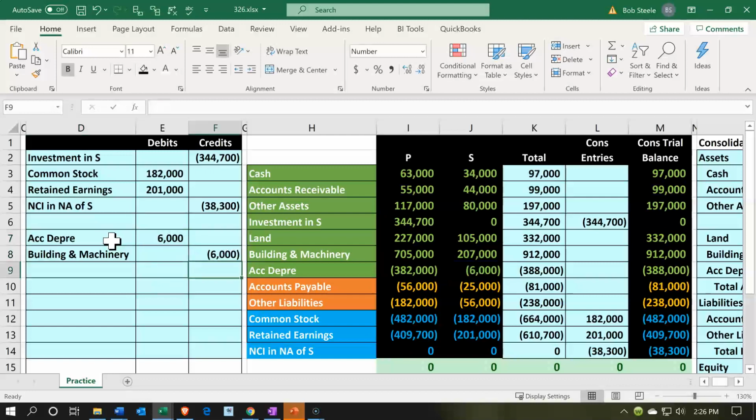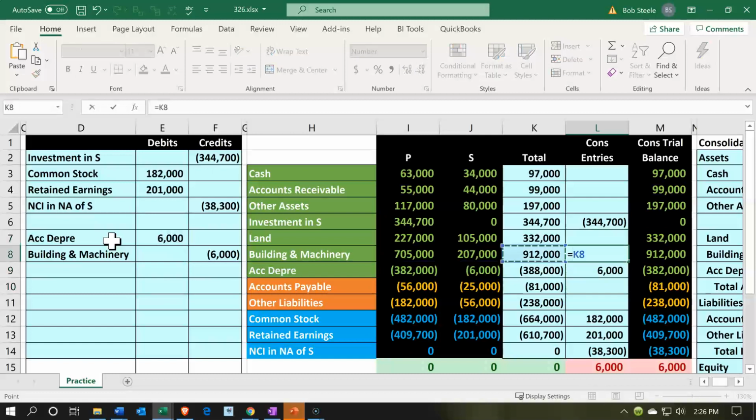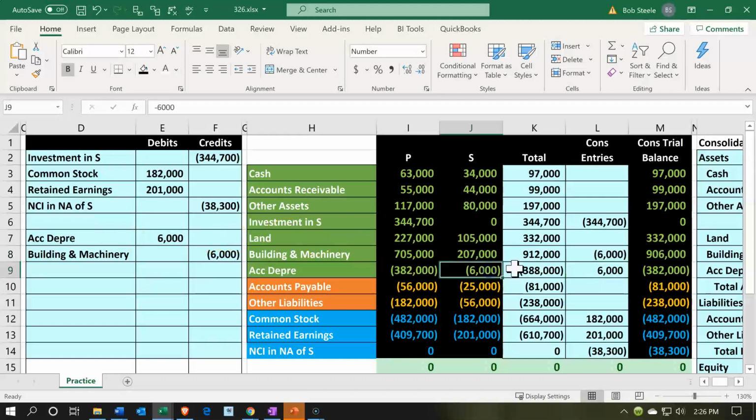So the accumulated depreciation, we're removing it for the S subsidiary. And then we're putting it into the book value. So this 6,000 there, we basically removed, and then we netted it out into the building and equipment. So then we're going to be depreciating this book value as we go forward from this point.